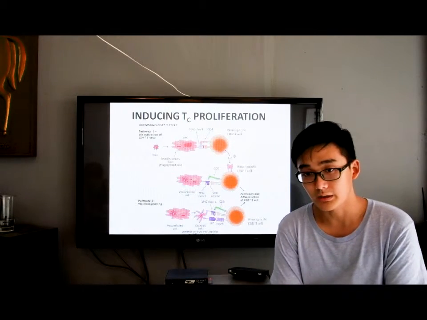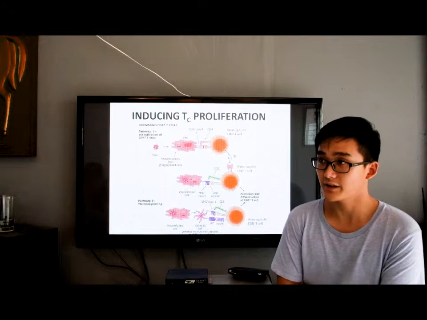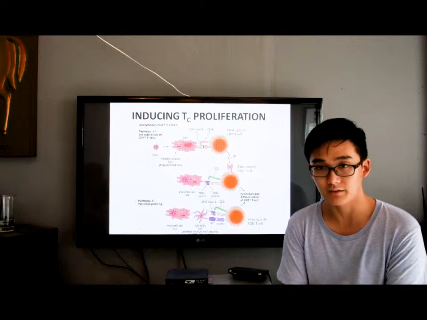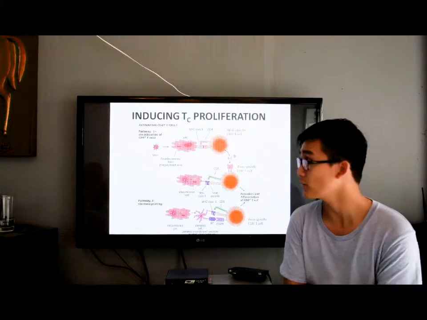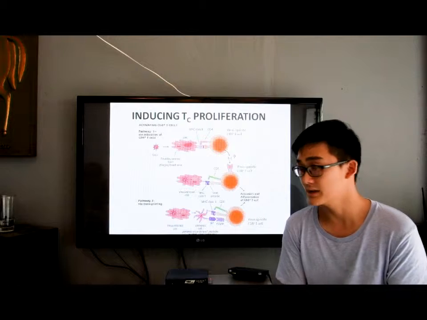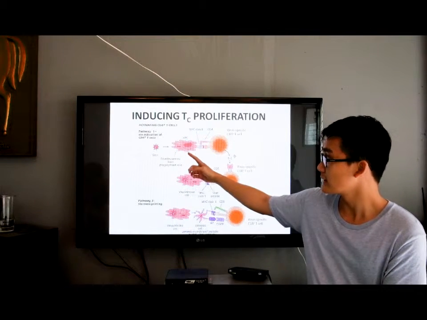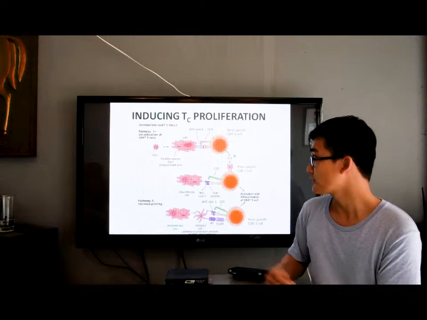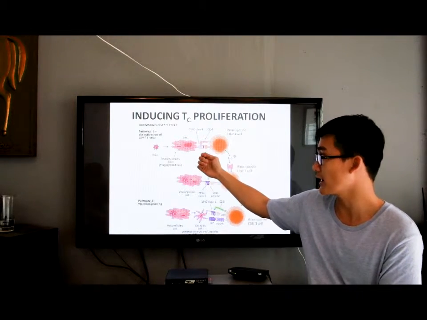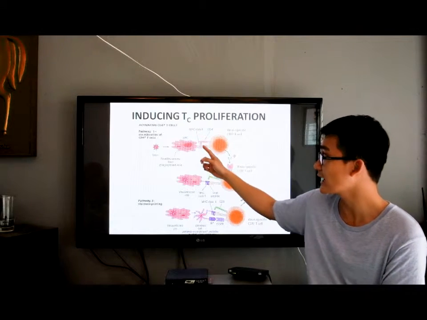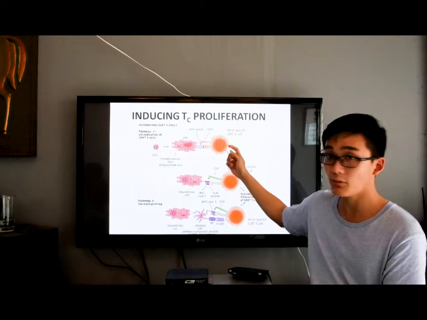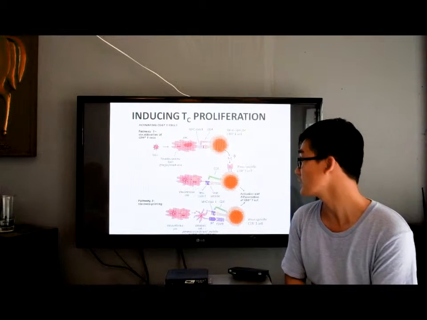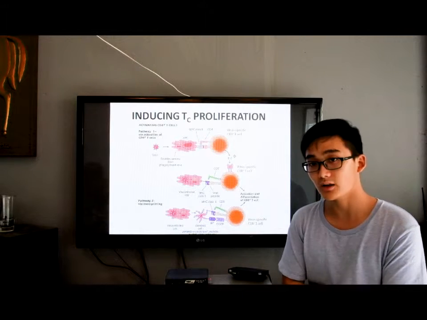Also, the antigen presenting cell can induce the T cell proliferation via two pathways. The first pathway is the APC will engage with a virus, process and present part of the antigen on the MHC class 2, which will interact with the CD4 T cell, and then the CD4 T cell will activate the cytotoxic T cell.